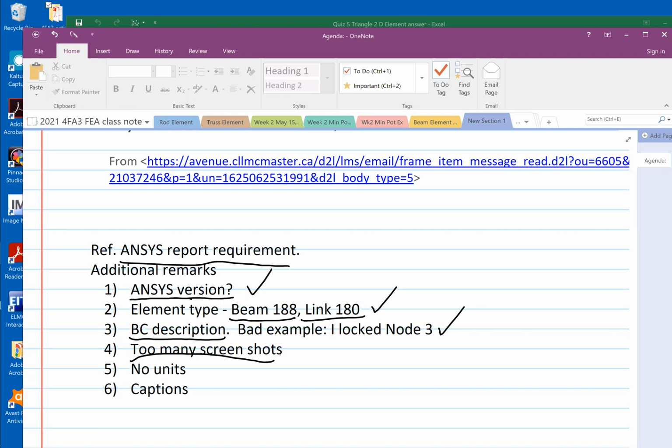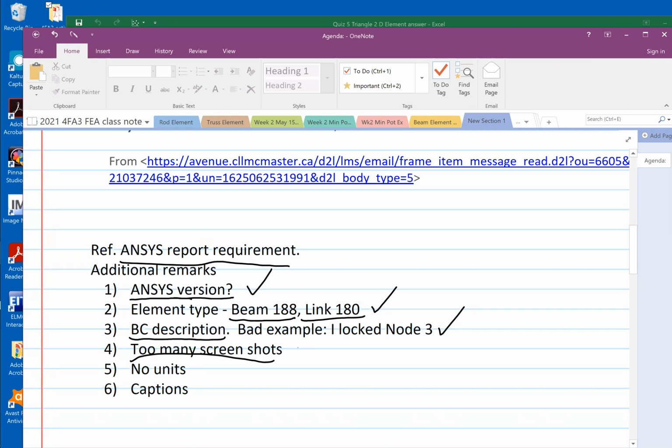In this case, more pages of a big report doesn't mean a better report. Just a few pages, a few pictures, a few pages of wording with pictures, tell me all the crucial key points, then it's good enough. You don't have to show me all the screenshots of how you build your elements. Anyways, the right amount of information is the correct information.